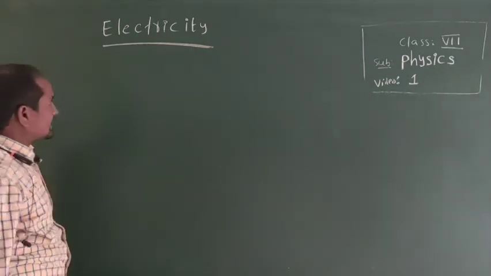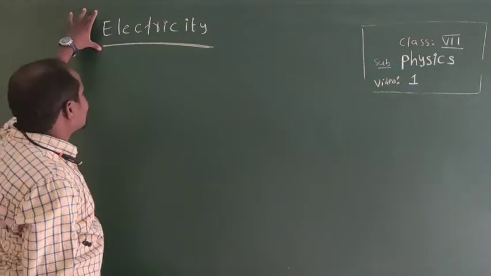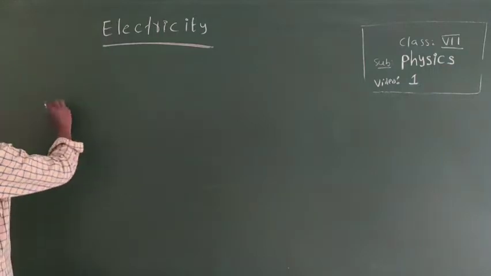Electricity or current means the amount of charge passing through the conductor per unit time is called electricity.